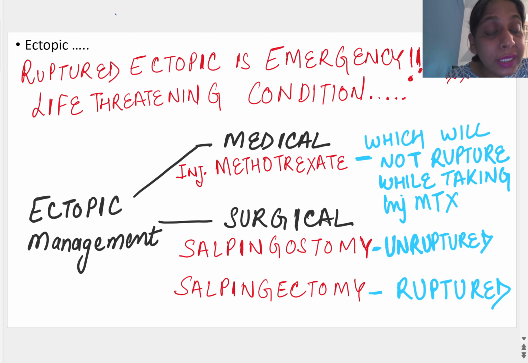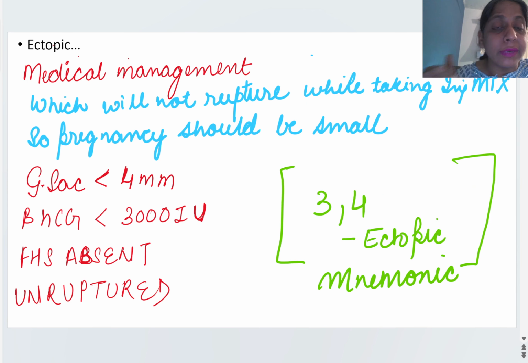so we have to see whether this pregnancy will rupture in those 1 to 2 days or not. Early pregnancies don't rupture, right? So what is the criteria to see whether the pregnancy will rupture or not? We have to see whether it is a small pregnancy or not. A small pregnancy will not rupture.